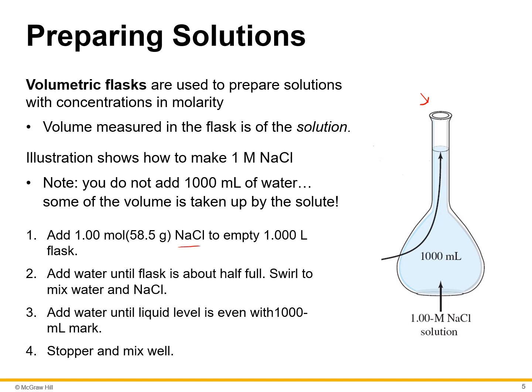You add 1,000 milliliters of water to line up to this mark here. This mark is very specific. It tells us exactly 1 liter of solution. So once you put the 58.5 grams of NaCl, you top it up with water, you've made a solution of 1 molar NaCl.